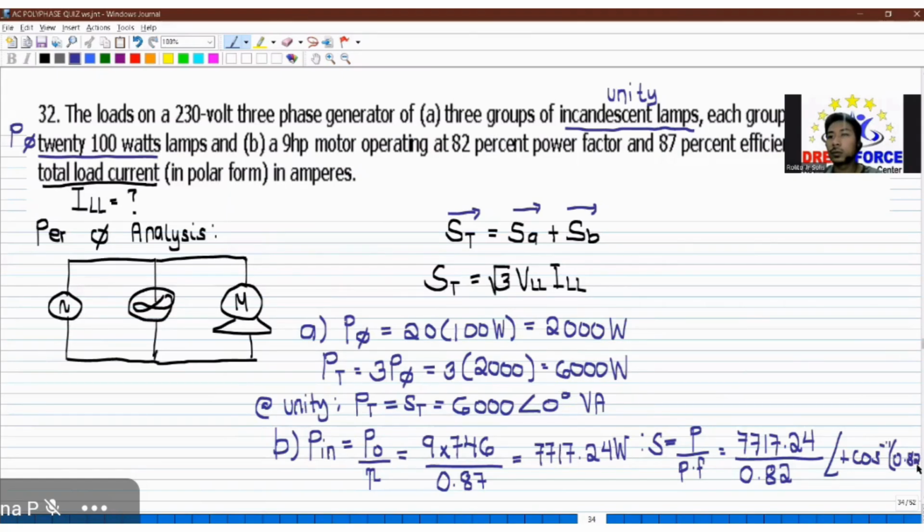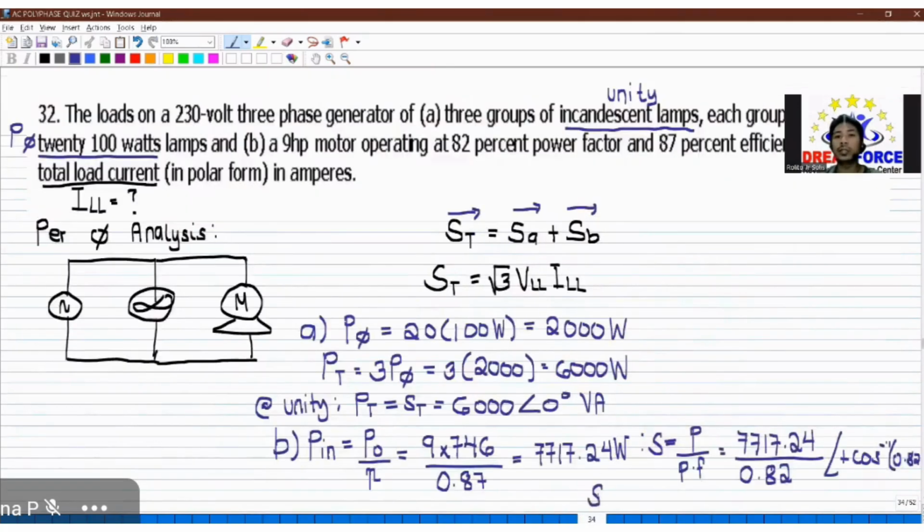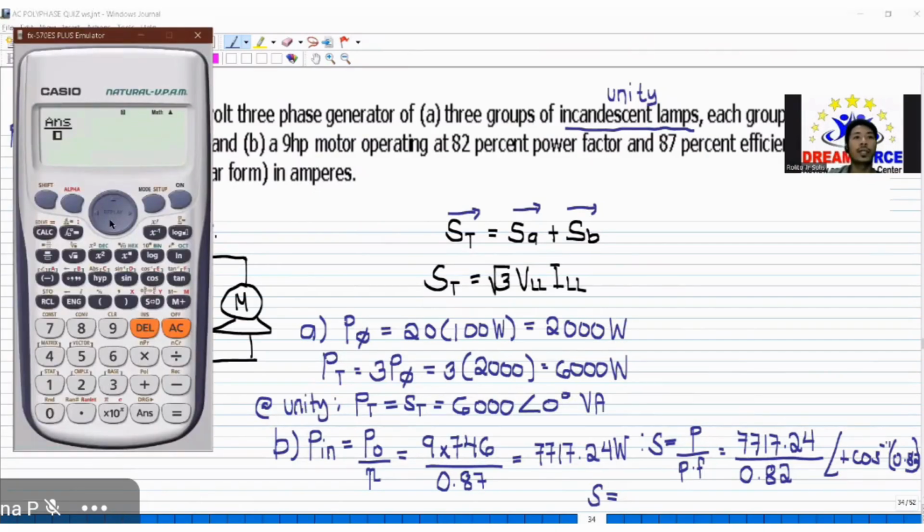Number 32. Okay, sige, express lang natin yan into its polar form equivalent. Ayan. Okay, so sige. Let's calculate the value of your S. So, that is answer. Then, divided by 0.82.